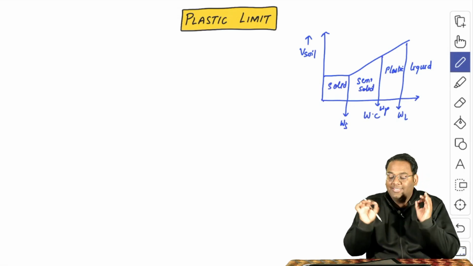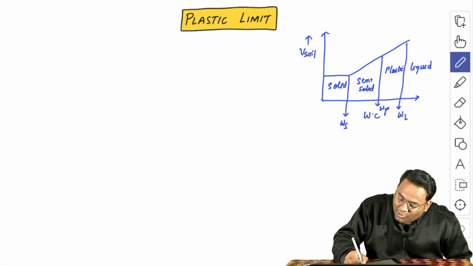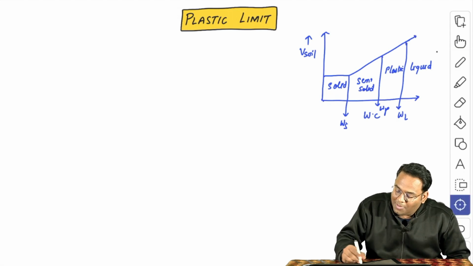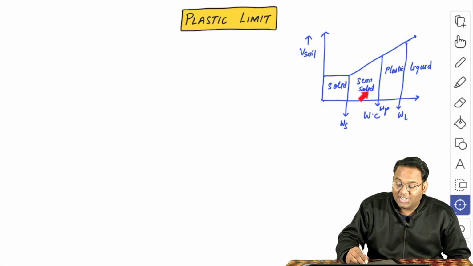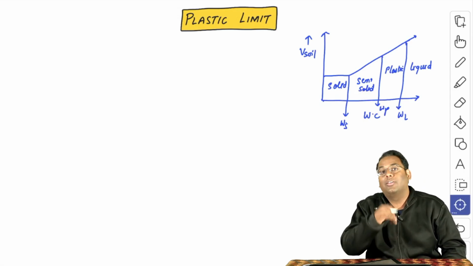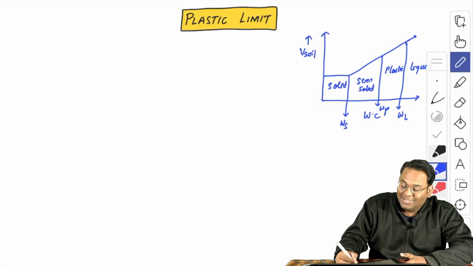Now in this graph we already noticed that this is your plastic limit and this is the water content at which the soil is changing from semi-solid to plastic state.